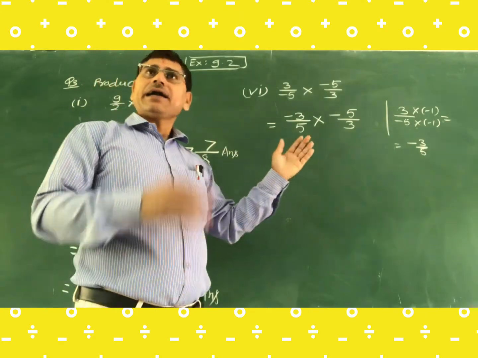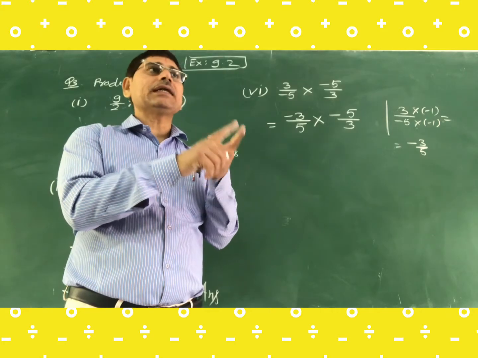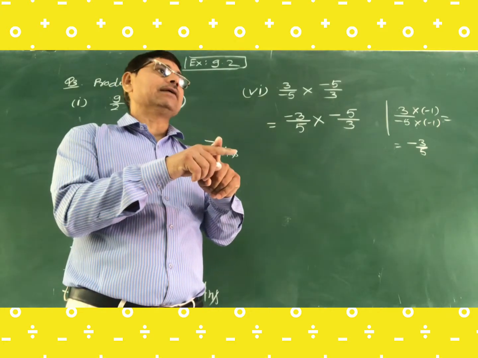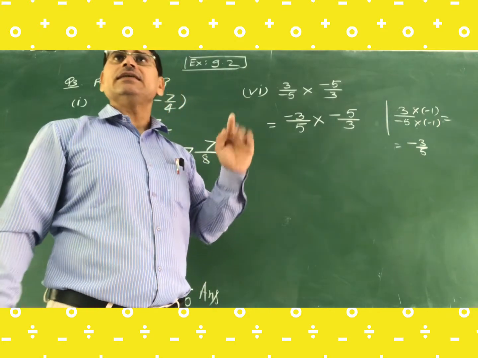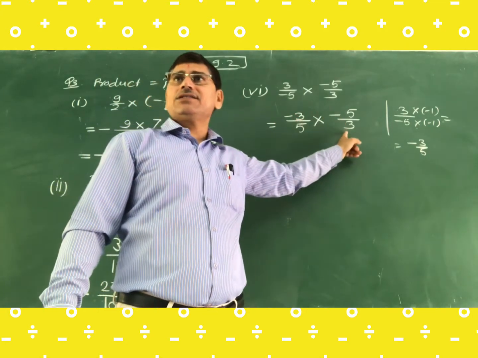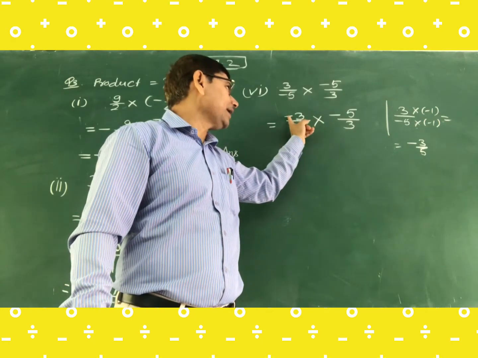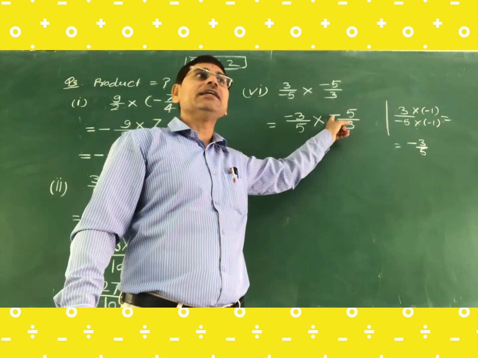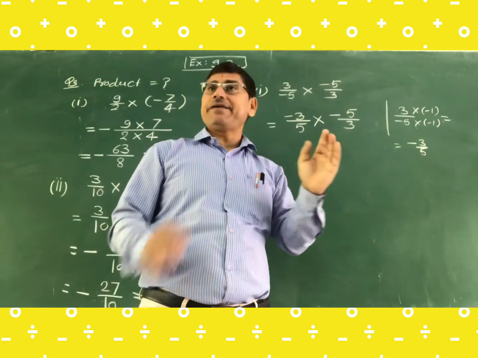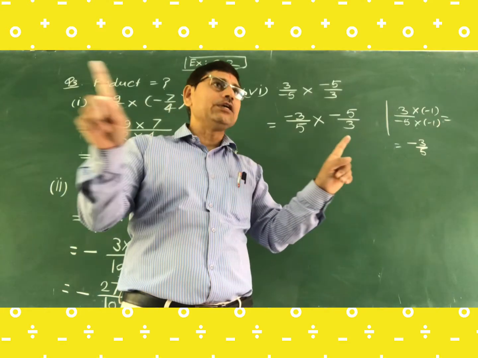Now dear, again in the same way, you will multiply numerator to numerator and denominator to denominator. First of all, you will see that here is a negative sign in the first rational number and also a negative sign in the second rational number. So minus into minus will be plus, 100% plus. The product of the same sign is always plus.